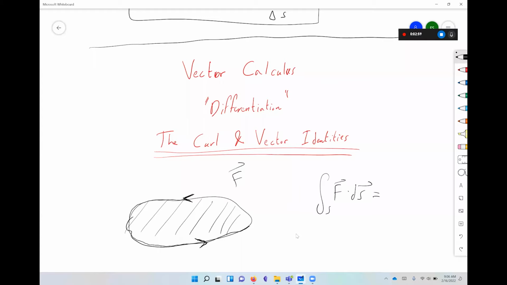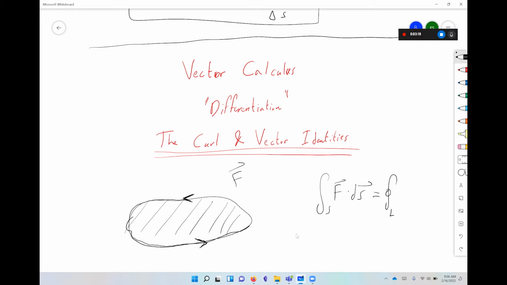So I want to tie this surface integral to the integral on its boundary. The integral on its boundary is just a closed line integral of something that I can get from F.